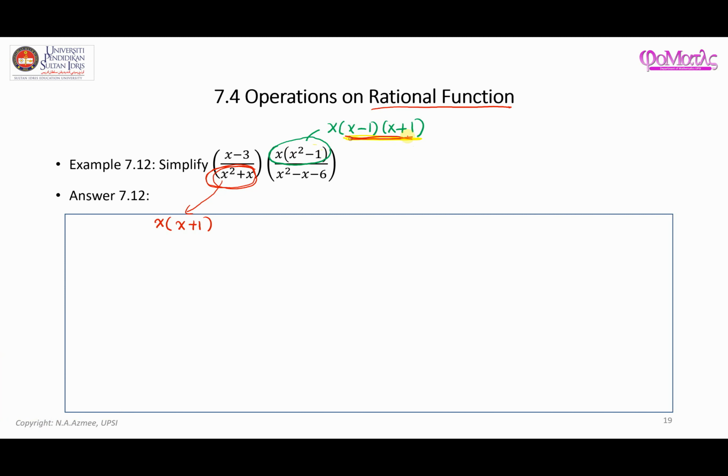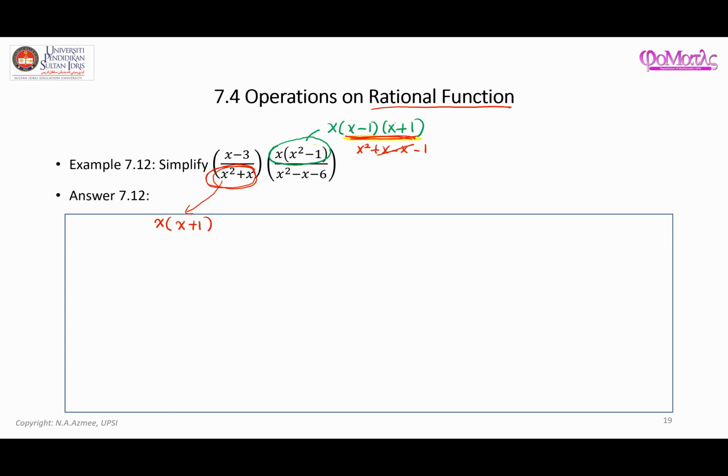When you expand these two terms, you get x times x, so the answer will be x squared, x times 1 will be x, negative 1 times x will be negative x, negative 1 times 1 is negative 1. x minus x can be cancelled, so you get back x squared minus 1, which is originally given in this expression here.